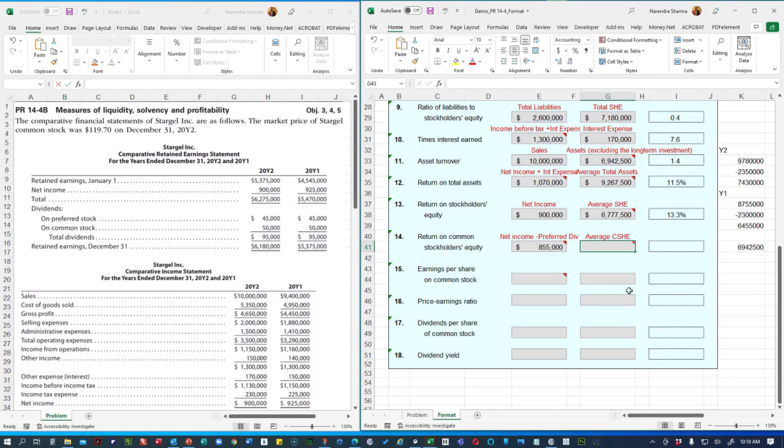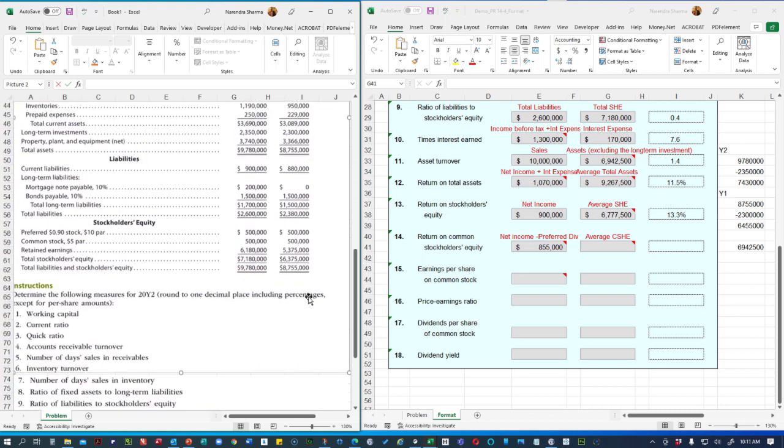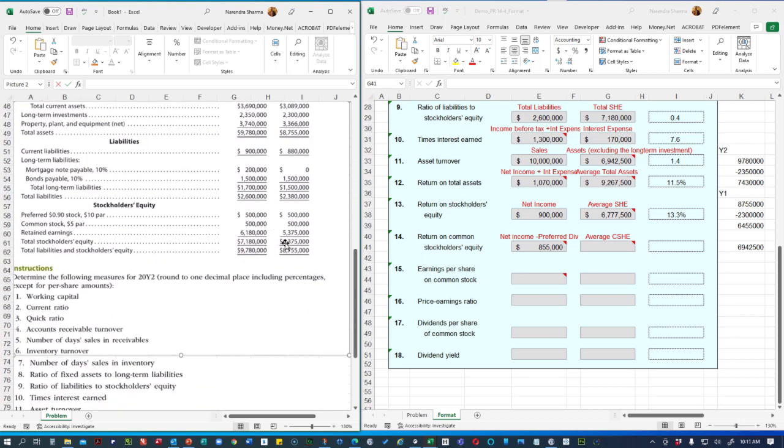Now I'm going to do the average common stockholders equity. For that, out of the total stockholders equity, we are going to leave out the preferred stock. So the total stockholders equity is 7,180,000 minus that 500,000 of preferred stock, and 6,375,000 minus the 500,000 will give you the common stockholders equity.